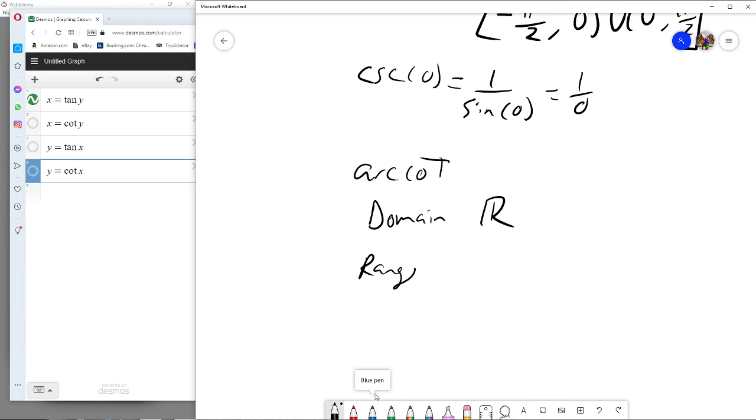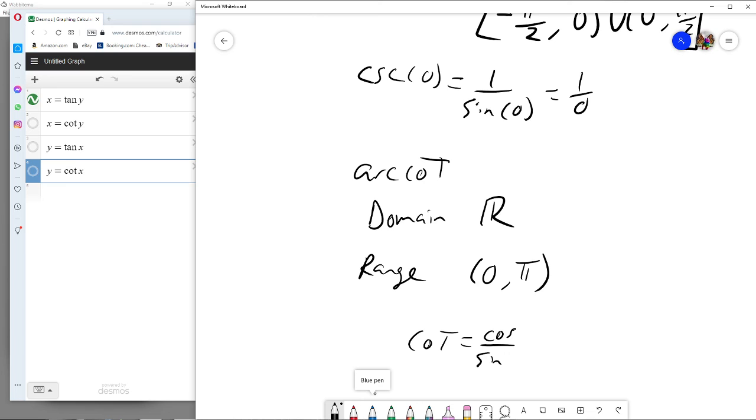For the range of arccotangent, we're going to restrict it between 0 and pi. We cannot include the endpoints 0 or pi because cotangent itself is equal to cosine over sine. Sine of either 0 or pi is 0, so you get a number divided by 0, which is why we have to exclude those.